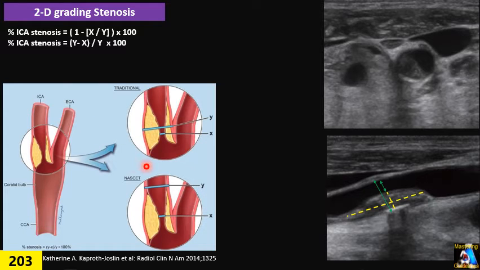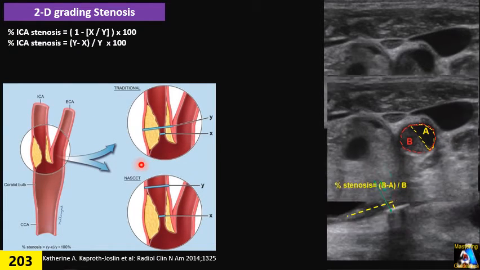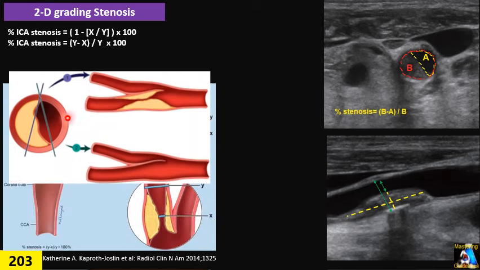But in both of those situations, there is some problem. As you can see here, if we get a longitudinal view with an anterior approach, and our plaque is lateral like this, then if we angle a little medial or lateral, on the right side medial, on the left side lateral, we can underestimate or actually miss the stenosis very easily.